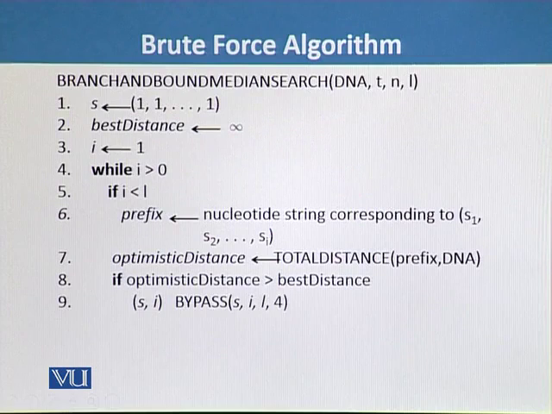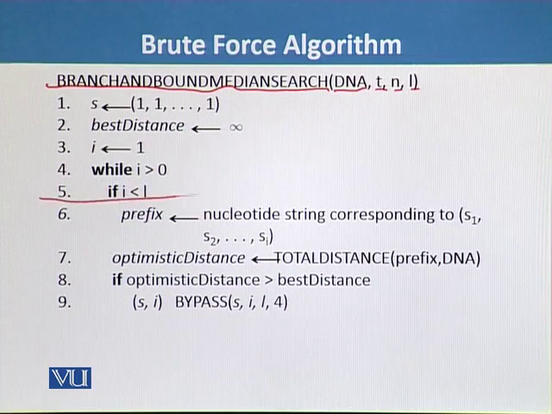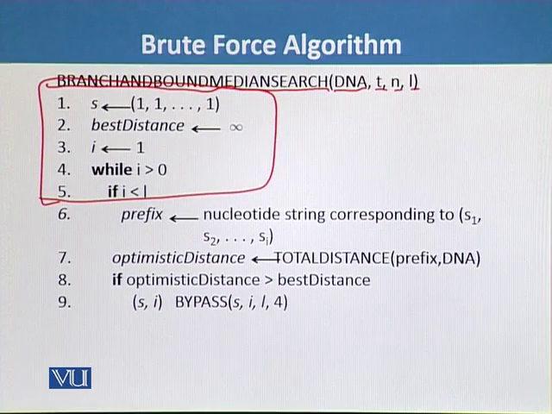We will see the next algorithm, the branch and bound median search algorithm, with the same inputs DNA, T, N and L. Here the first 5 steps are identical to the previous simple median search algorithm. From step number 6, another algorithm is inserted within the simple median search algorithm.